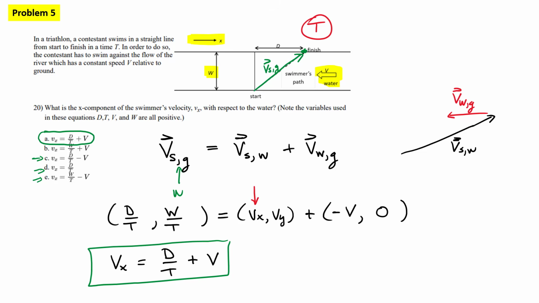At the end, you're going to be left with this net vector here, which is the velocity of the swimmer relative to the ground, right? And that's where the finish line is, right at this point. So we expect that the x component of the black vector here, the swimmer relative to the water, has to be bigger than the x component of the water relative to the ground.